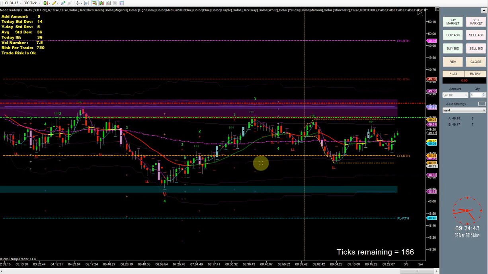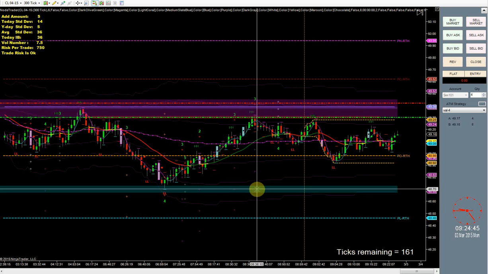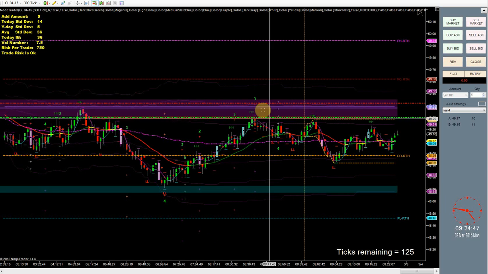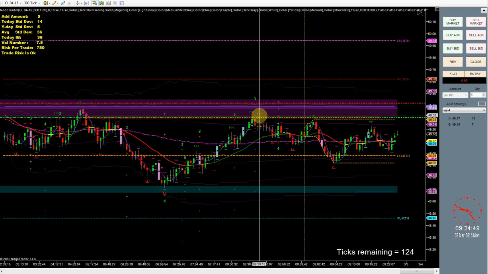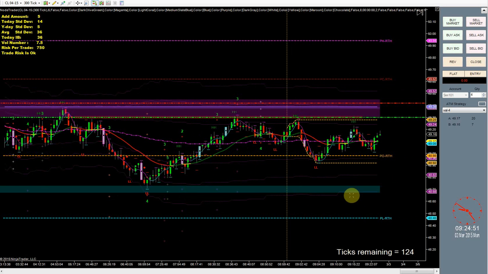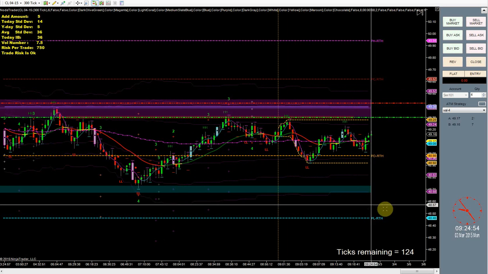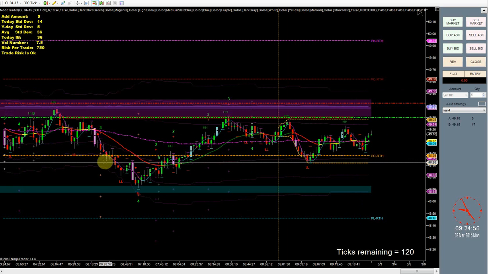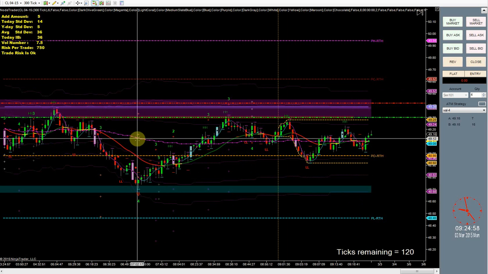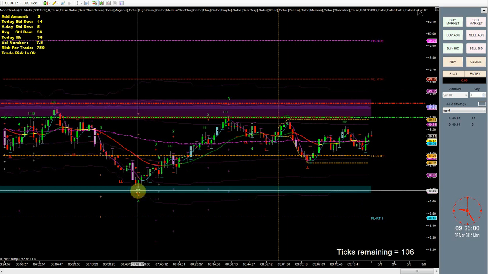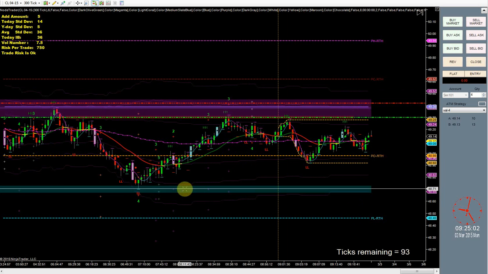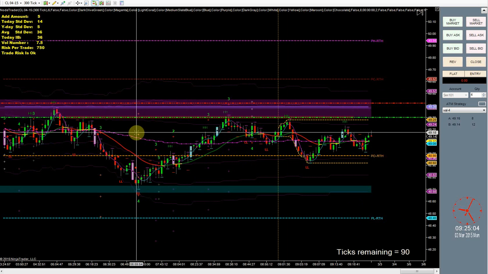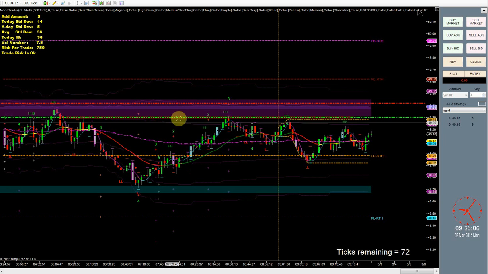I don't take the purple trade. The only time I consider taking the purple trade is if it was against a level of support or resistance. But yeah, these chocolate trades, when they're up against a level or a buy zone or a sell zone, I'll be taking the manual low volume node trades.